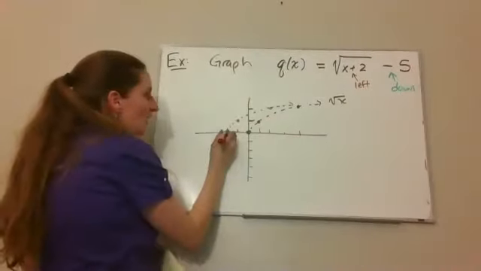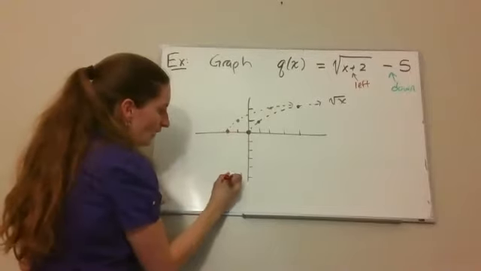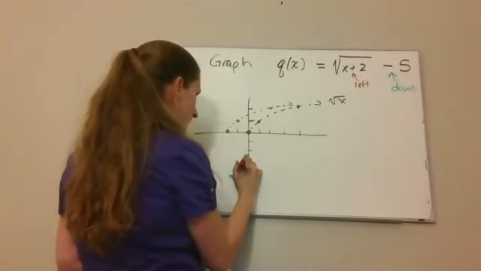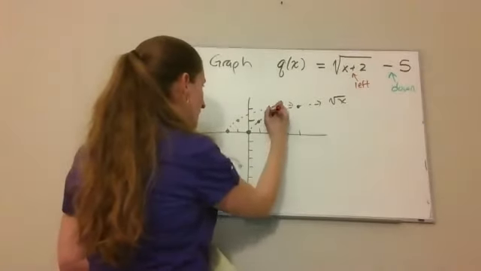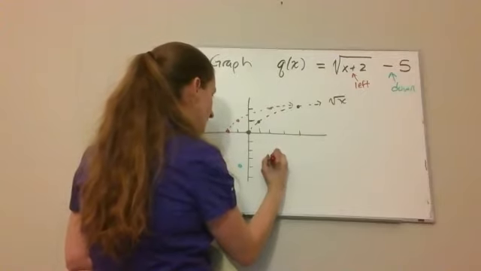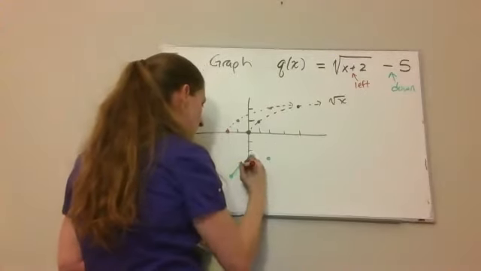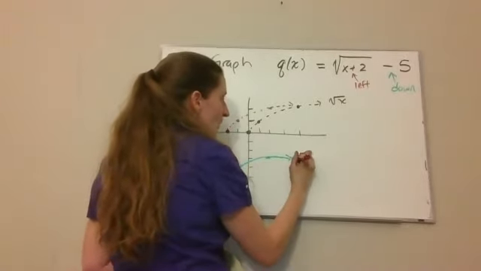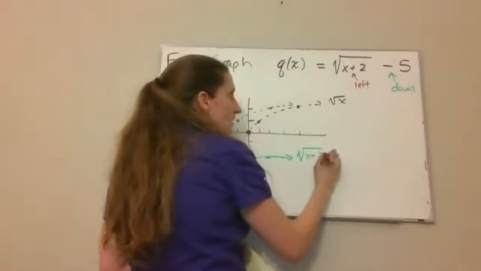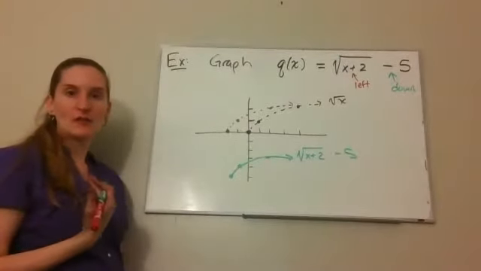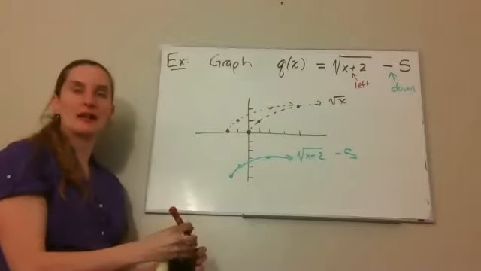So I've moved to the left 2, and now I'm going to move down 5. And I still get the same type of shape. It's just the entire graph has been picked up, moved to the left 2 spots, and then moved down 5 spots.